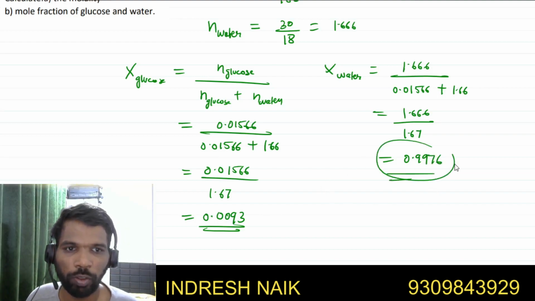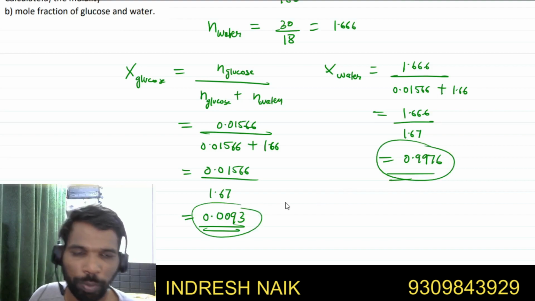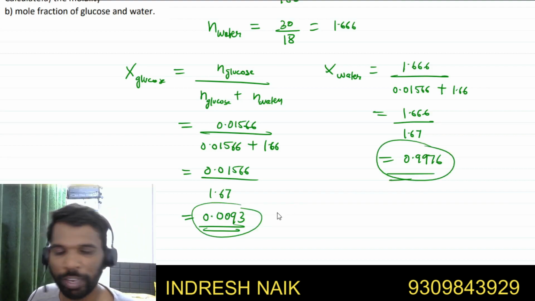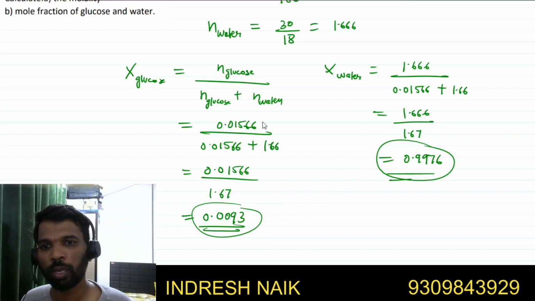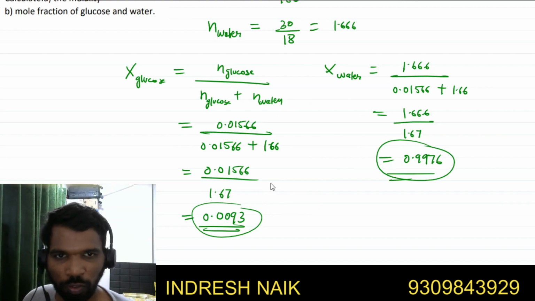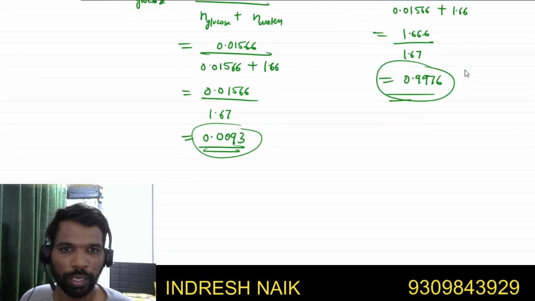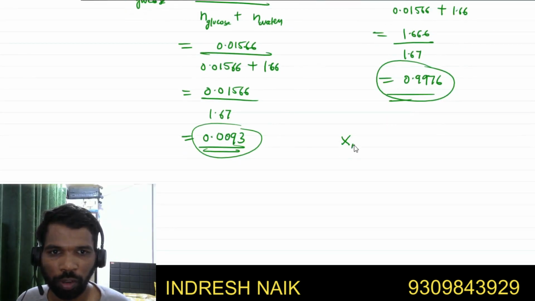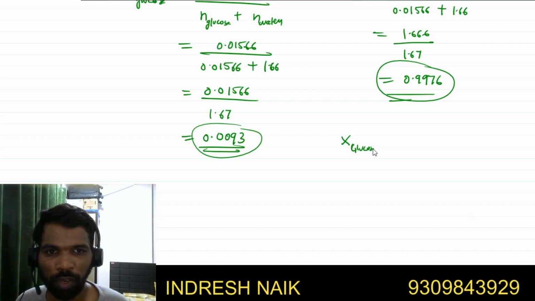If you add these values, the answer will be approximately or very close to 1, if you add these two values which I have circled over here. Now, once you find the mole fraction of one component, if you don't want to use this formula, then you can do it this way. Mole fraction of the glucose plus mole fraction of the water is equal to 1.